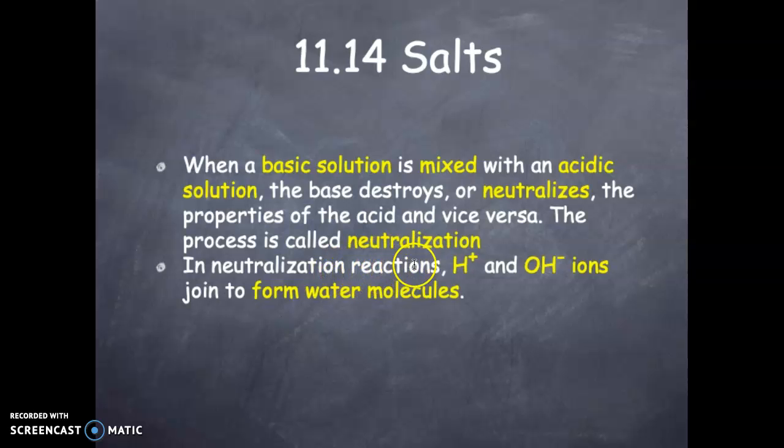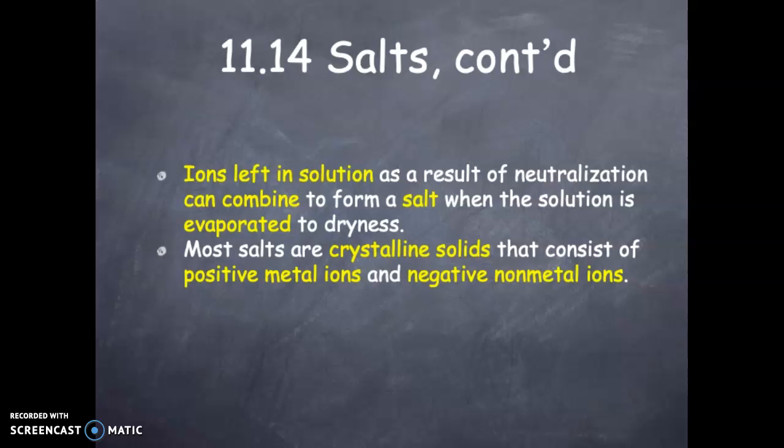In a neutralization reaction, the hydrogen ion and the hydroxyl ion join to form water molecules. And so the salt that's left once the water evaporates, this is the way that we can get salt. Most salts are crystalline solids that consist of positive ions and negative non-metal ions. This is all for this presentation.